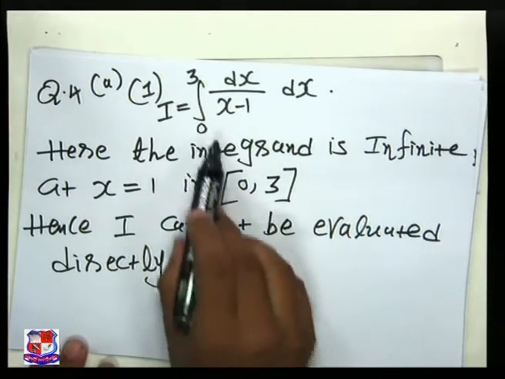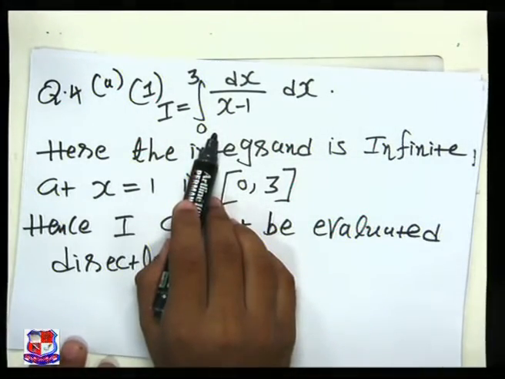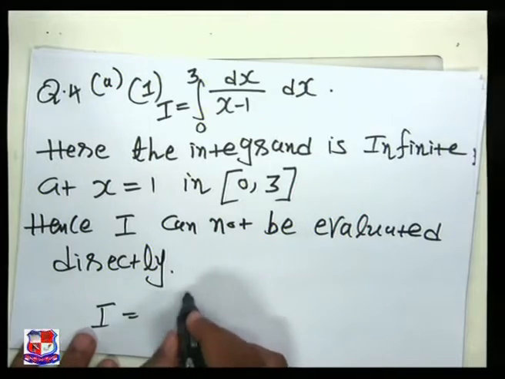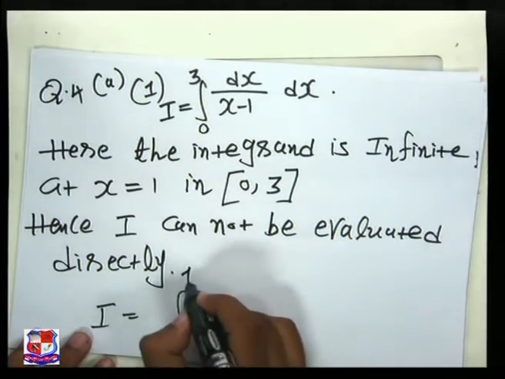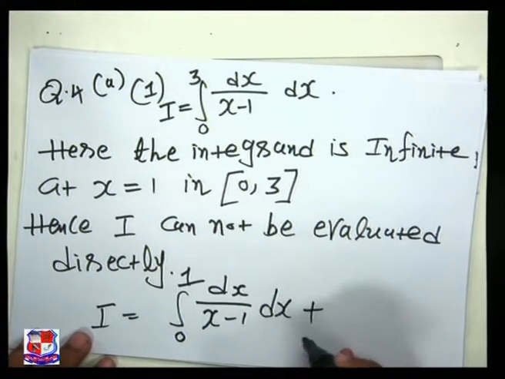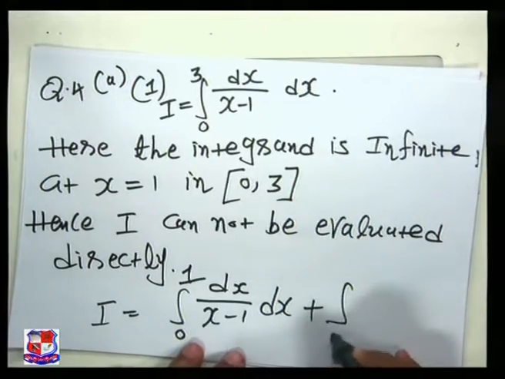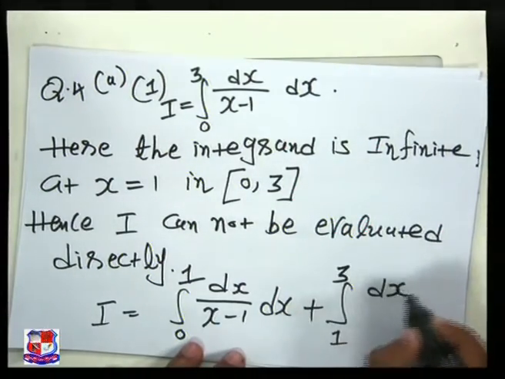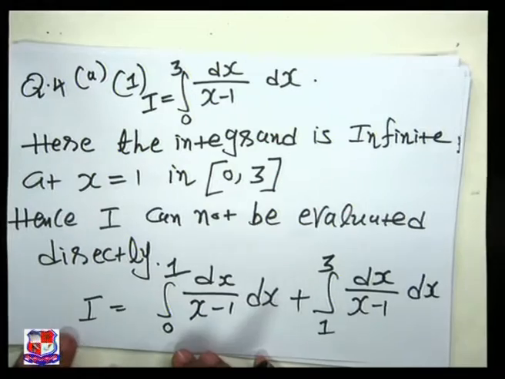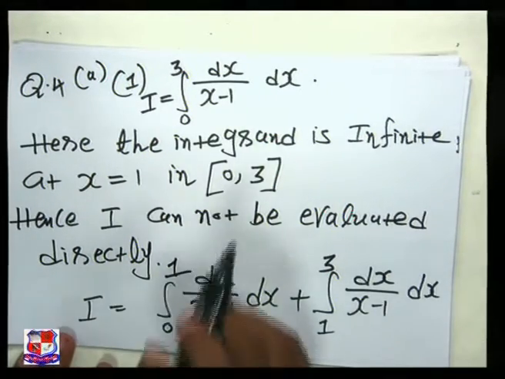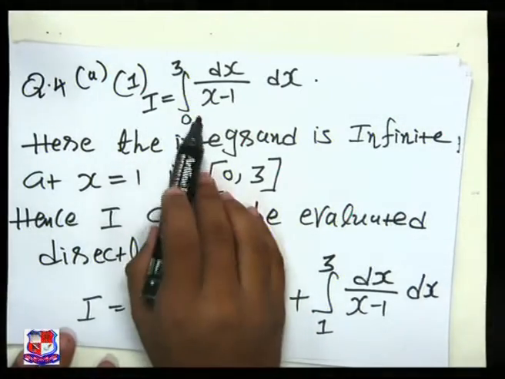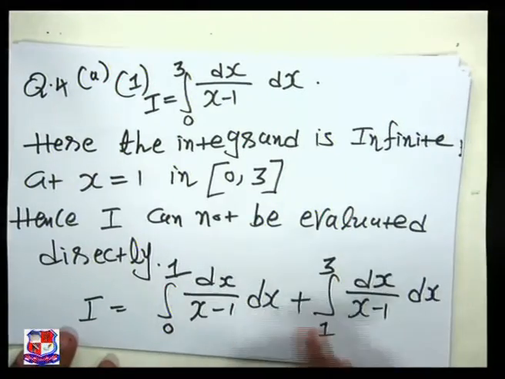So we have to convert; we have to split this. I can be written as integration 0 to 1 dx upon x minus 1 plus integration 1 to 3 dx upon x minus 1. Because the integrand is infinite at x equal to 1, that's why we convert this integration into two parts, 0 to 1 and 1 to 3.